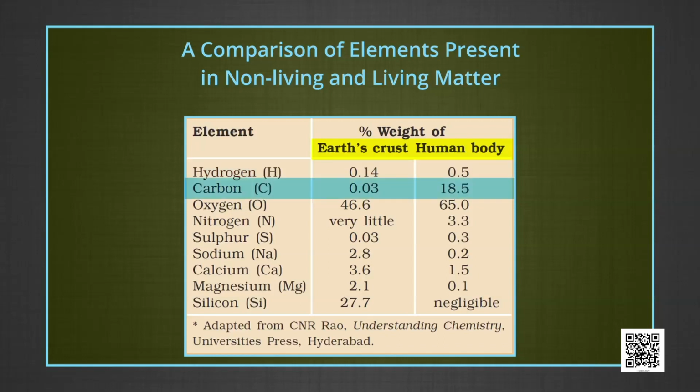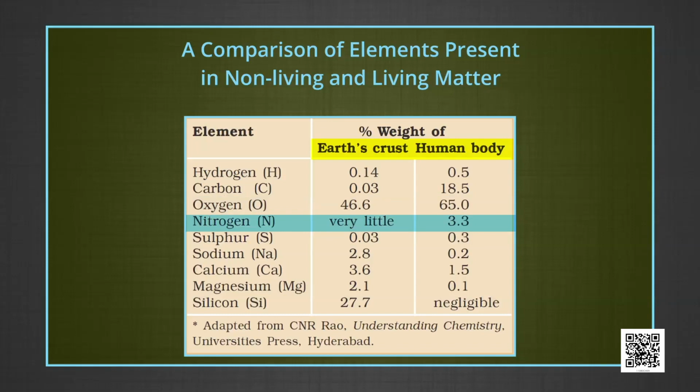Carbon is 0.03% weight in earth crust, but in the human body it is 18.5%. Oxygen is 46.6% weight of earth crust and in the human body it is 65%.